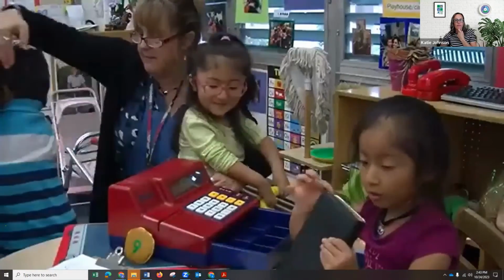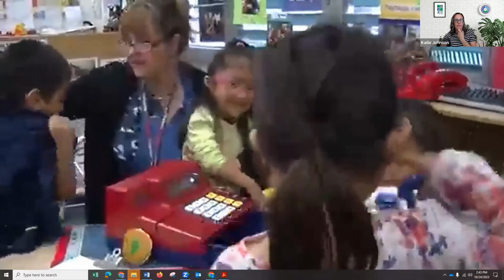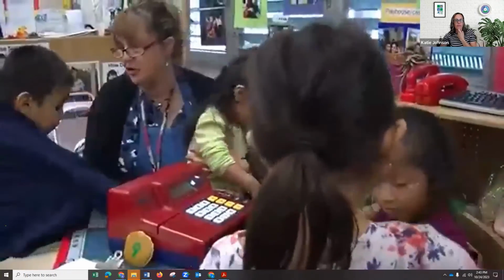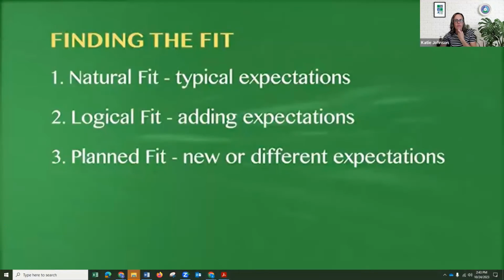And so one way that I might plan or arrange for planned opportunities would be to include items that the child might have to fasten or unfasten when they go to the dramatic play area. So when we're thinking about embedded instruction, this concept of fit is really important, because that's what bridges when we teach with what we're teaching.